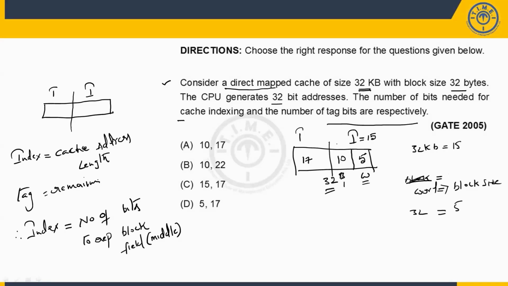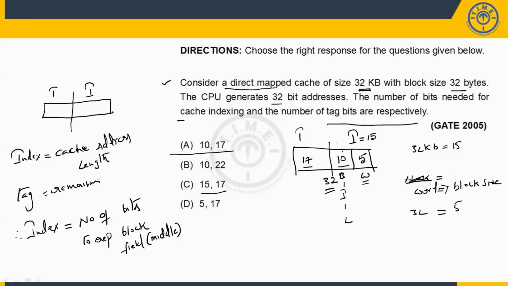Now, this middle field will be called the index, block, or line field. You can call it anything. The number of bits for indexing is 10, and the tag is equal to 17. So option A is correct. But most people get confused and go for 15 and 17. 15 will not be the index bits.